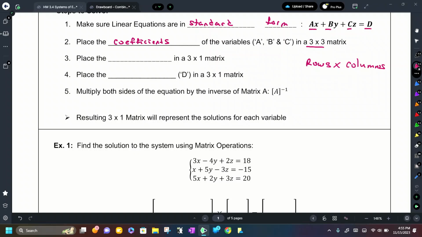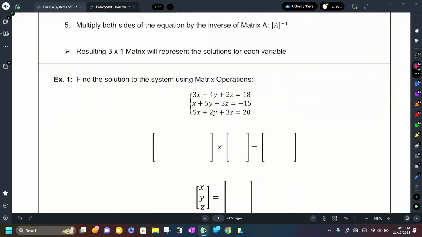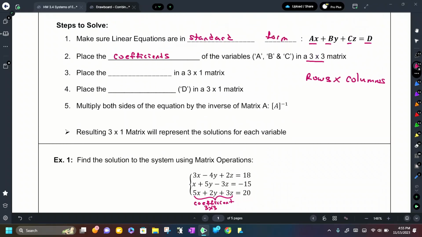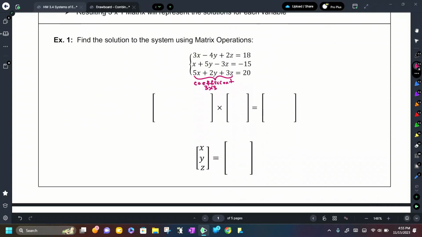So here's what we're going to do. Look right here. This is our coefficient matrix, and that's a 3 by 3. We're going to take those coefficients and write them right here. Only the coefficients, right?